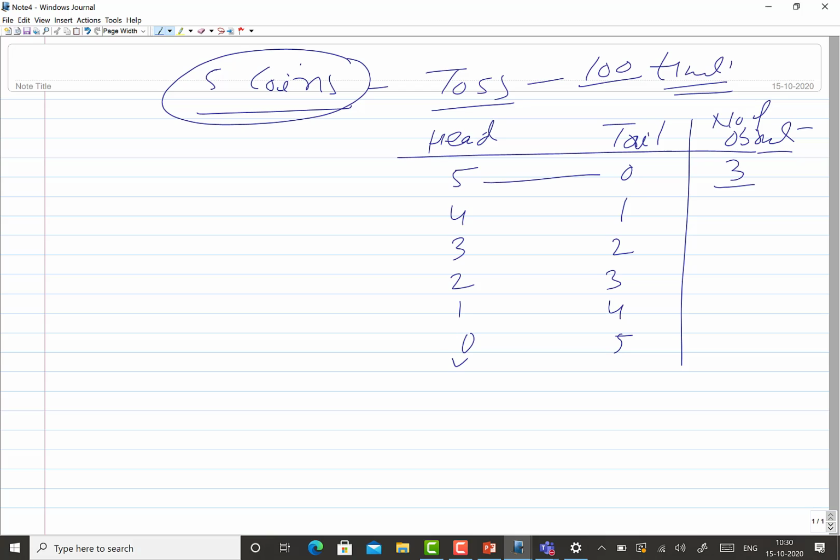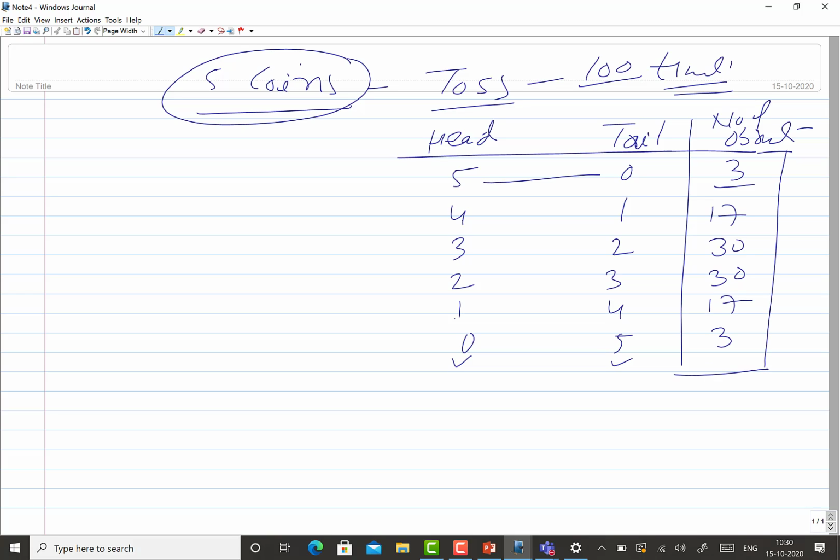Similarly, 0 heads and 5 tails are observed again 3 times. Then 4 heads and 1 tail is observed 17 times, and 1 head and 4 tails is observed 17 times. The combination of 3 heads 2 tails is observed 30 times, and this one is also observed 30 times.